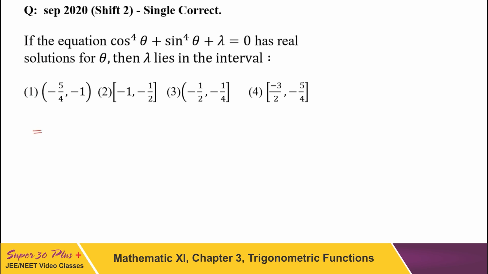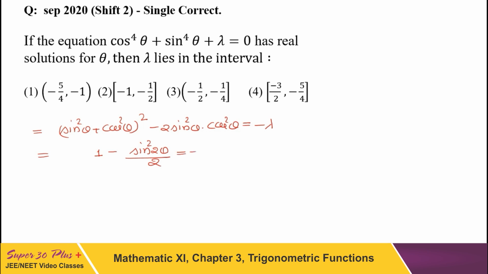It is sin square theta plus cos square theta whole square minus 2 sin square theta into cos square theta is equal to minus lambda. Now it is sin square theta plus cos square theta is 1 minus it will become sin square 2 theta whole upon 2 is equal to minus lambda.